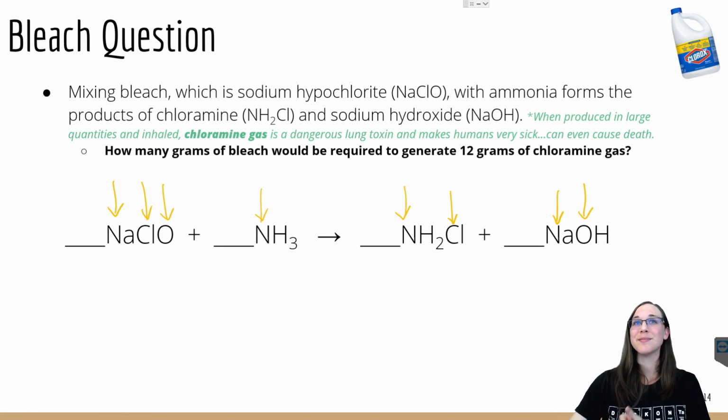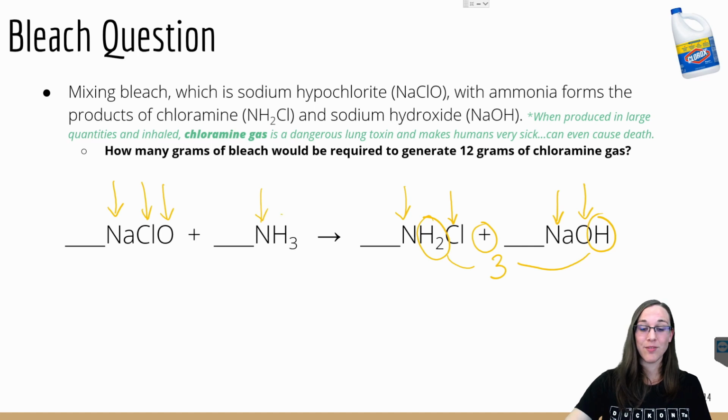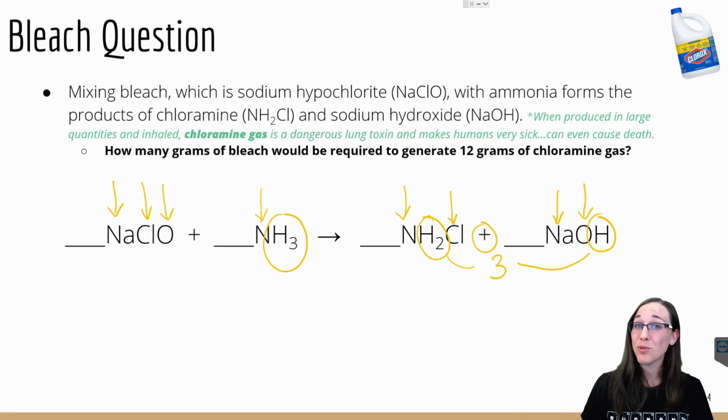That also works. How about the H's? I have 2 plus 1 for 3 on the product side, and I have 3 on the reactant side. Wow, this chemical equation's already balanced. But notice that I didn't move forward until I double checked that. Because if it's not balanced, your entire math setup is pointless.